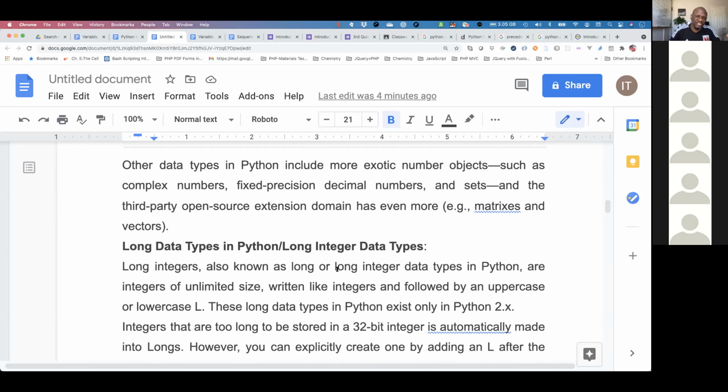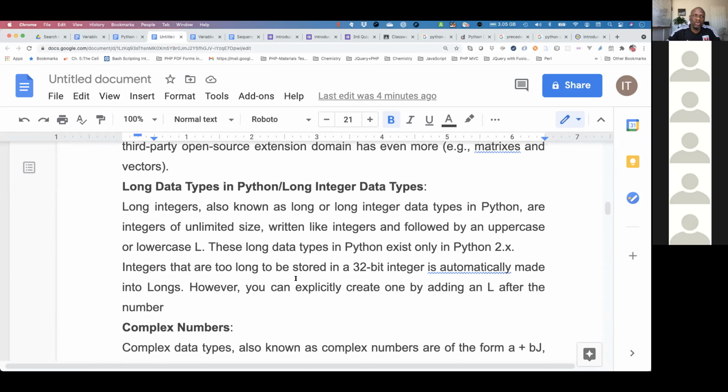We can get an integer of unlimited size, written like integers and followed by an uppercase or lowercase L. These long data types exist only in Python 2.x, that means 2.7, for example. So there must have been an improvement, and we'll see that in a minute.